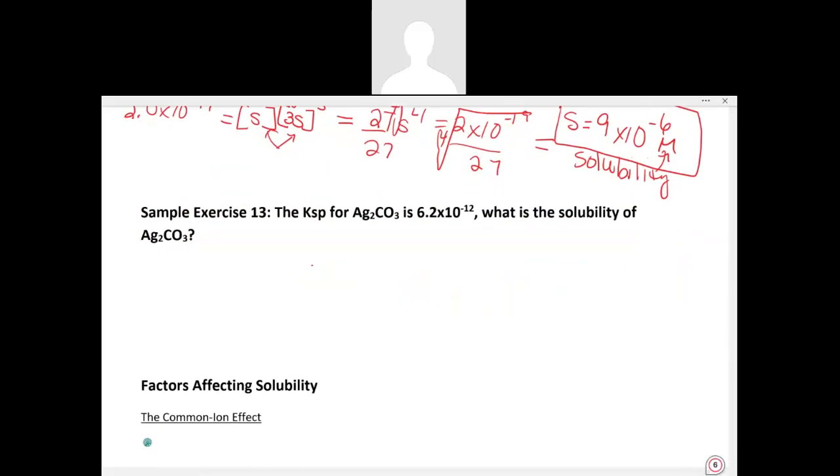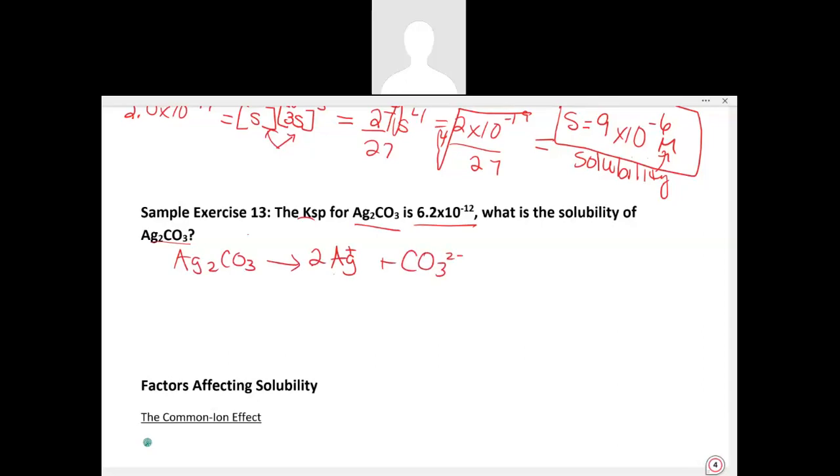Let's take a look at sample exercise 13 here, and we'll work through this. We're given KSP for our silver carbonate is 6.2 times 10 to the negative 12, and we're asked what the solubility is. We have to do something similar. We'll set up our dissociation here. We get 2 moles of silver ions for every 1 mole of carbonate.